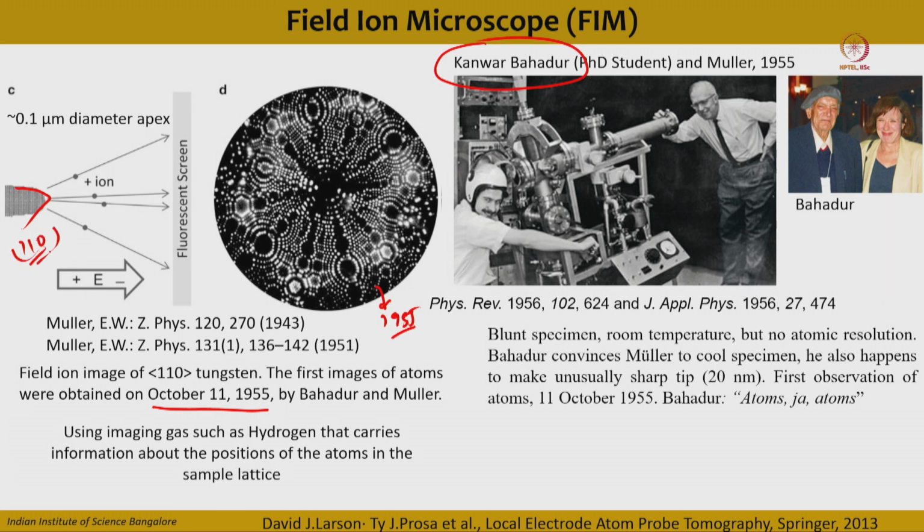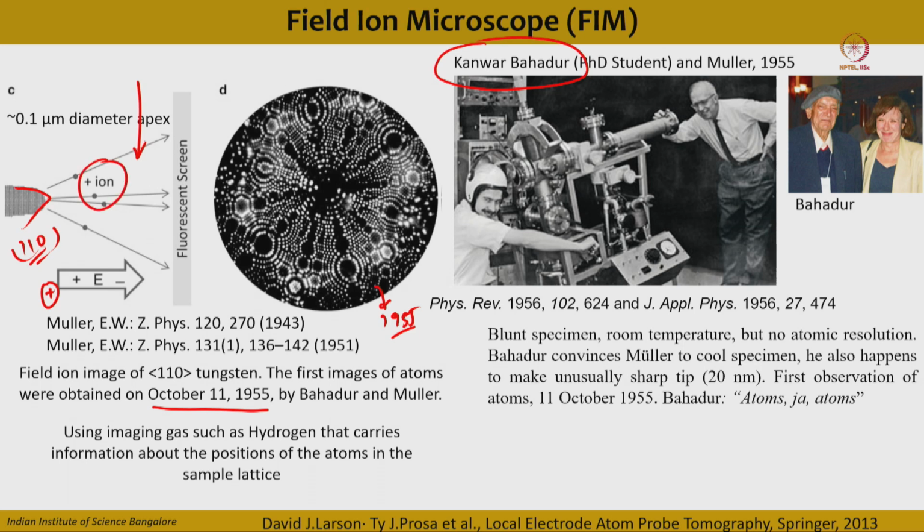Okay, and as I told you, they injected the gas atoms. They kept a very high positive potential on the tip, so that due to this large potential, the gas gets ionized, correct.